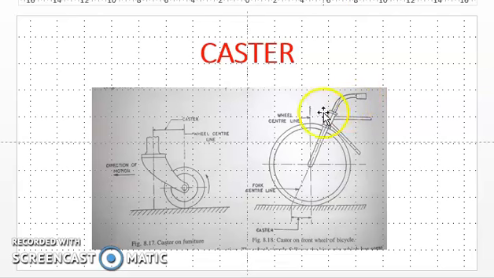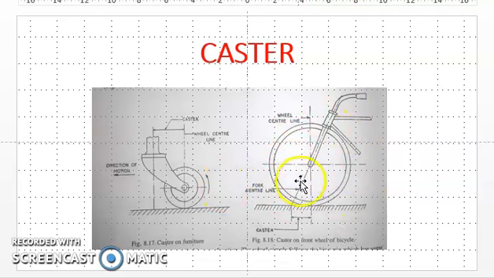Just see here: when this is the steering axis and the caster is positive, when the vehicle is moving forward, this will first touch the road, and then the rear wheel is pulled towards this side. That's why this provides better steering stability as compared to rear or negative caster.